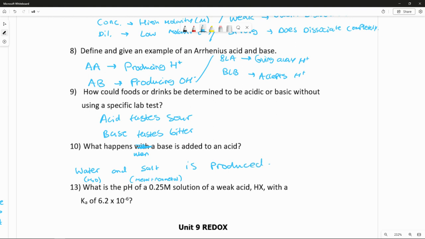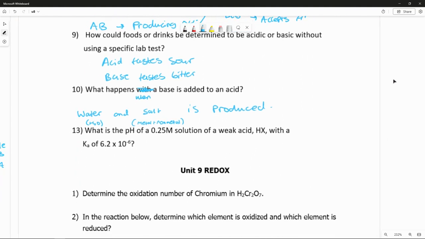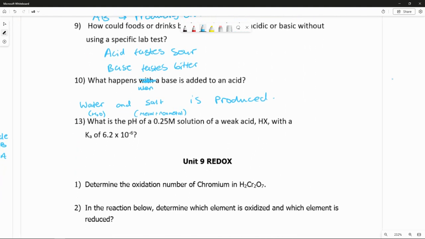All right, 13. What is the pH of a 0.25 molar solution of a weak acid, HX, with a Ka, the acid constant, of 6.2 times 10 to the negative 6? With this, we have to start by writing out an equation.